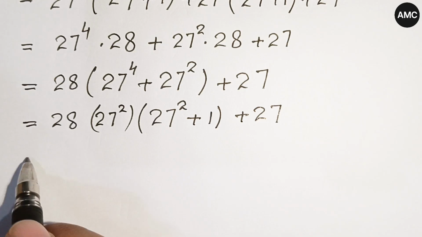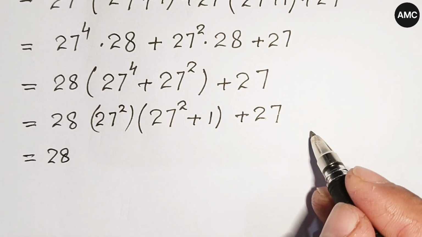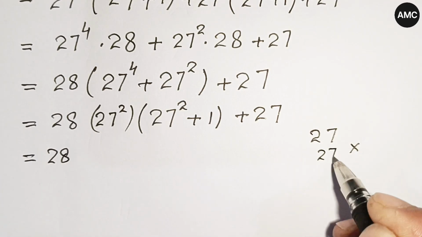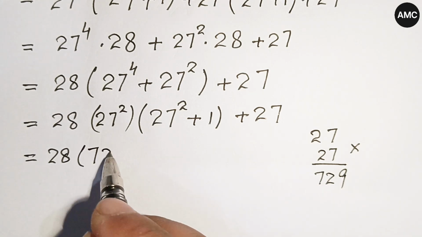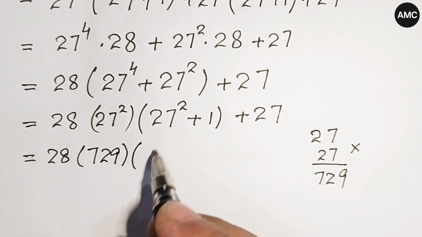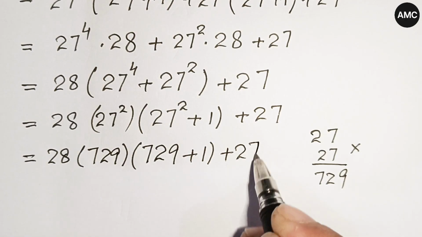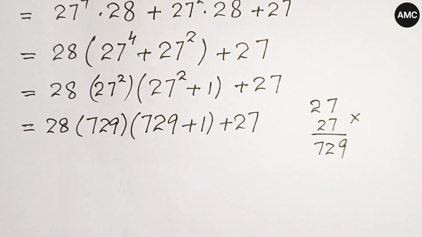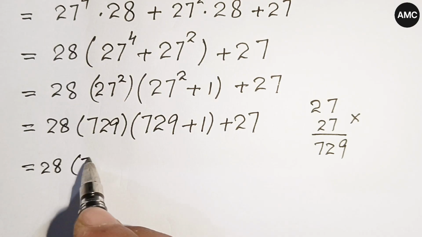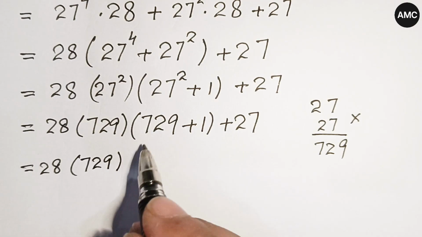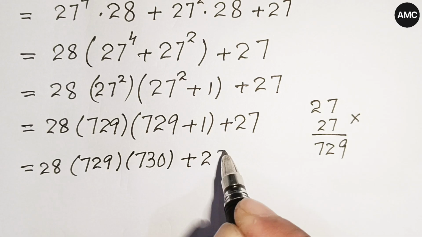Now 28 times this 27 squared, we just multiply 27 times 27, so we get 729. Here we have 729 times 729 plus 1 and plus 27. Now our next step is 28 times 729 times 730 and plus 27.